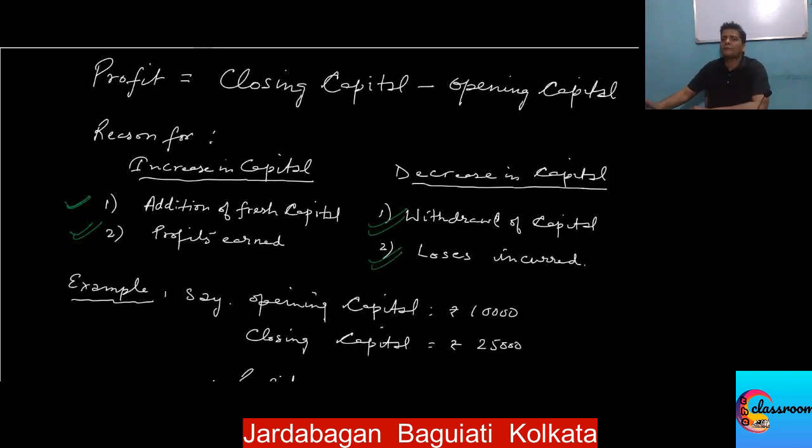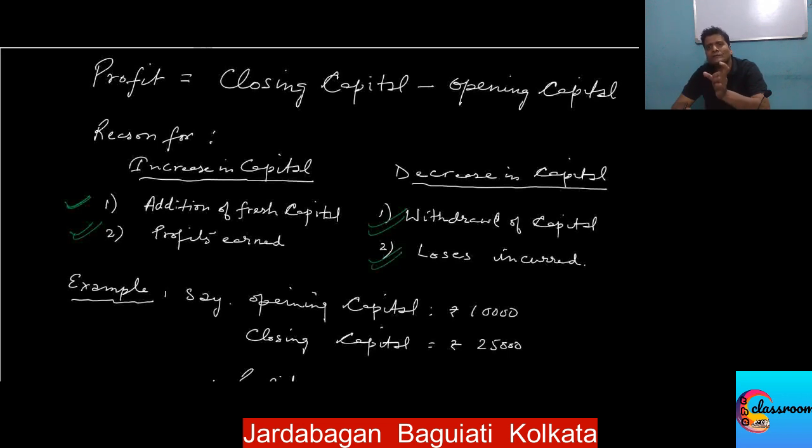When we are saying that profit is closing capital minus opening capital, we assume that the capital has increased only because of profits. But actually, the capital increases because of the addition to capital as well.